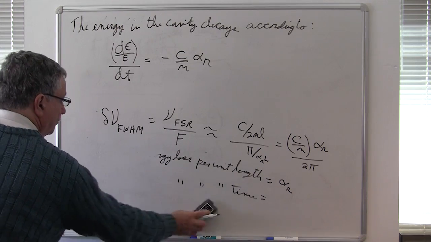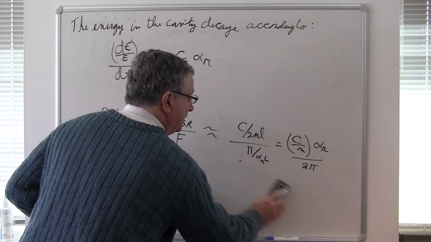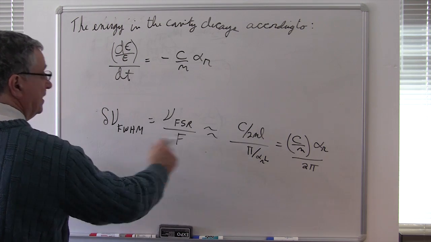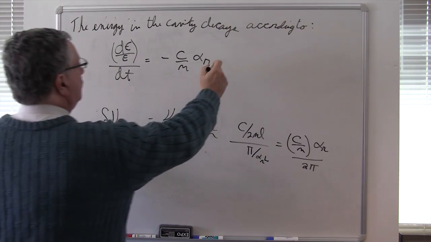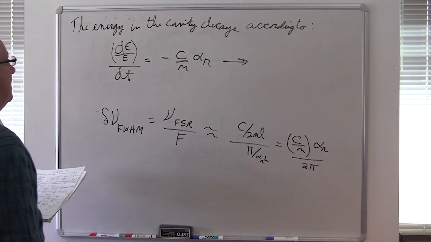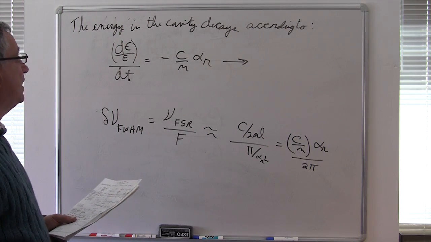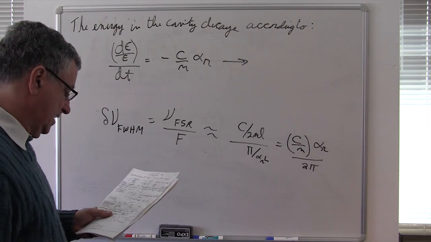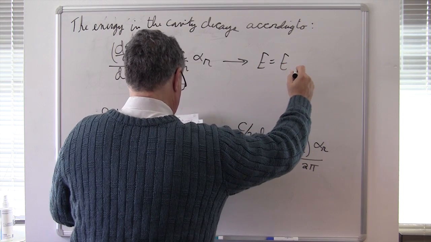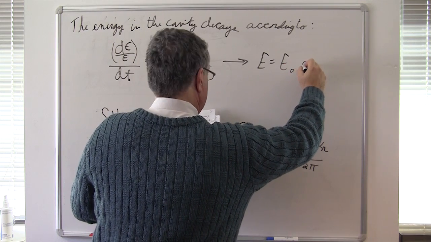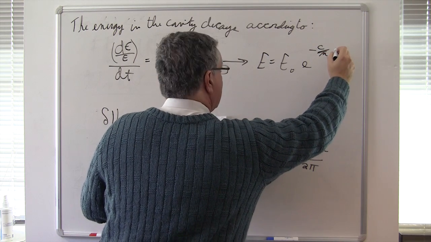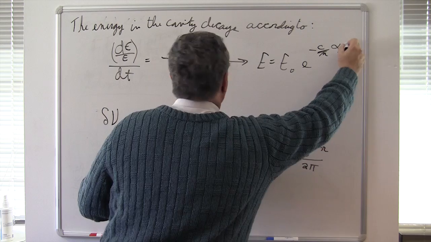So I can make some more room here. I want to keep that expression here for the full width half max I've written. So here, the solution of this equation, you can put dt on that side, and we can do the integral, which is an easy equation, and the solution is just given by the initial energy E0 e to the minus c over n alpha r t.